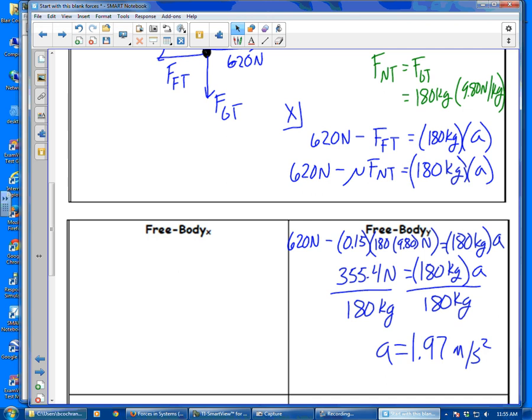Yeah. So, let's see. We got the acceleration. I think it's right.